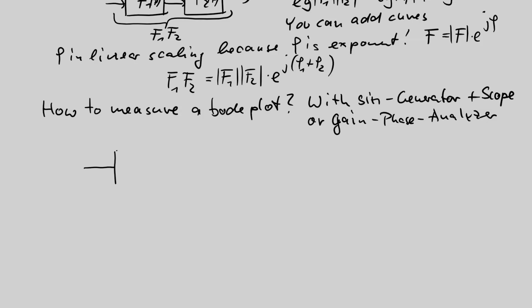Let's assume that this is my device under test, the filter I want to measure. We assume that this is grounded. There's a ground line. Here we have the input signal U1 of t, here we have the output signal U2 of t. And now we connect a sinusoidal generator.